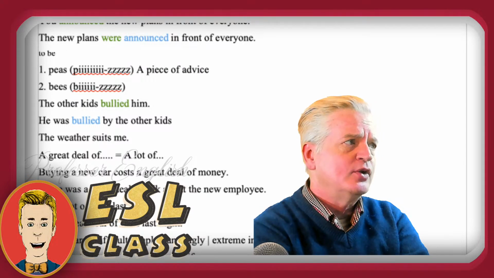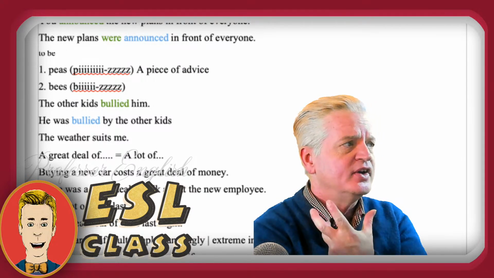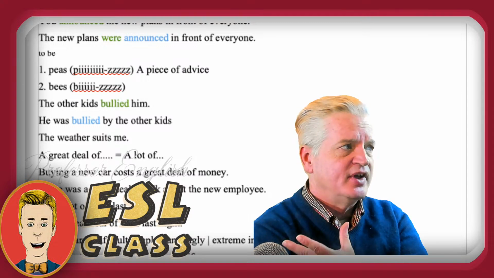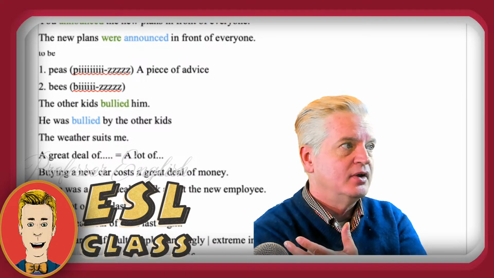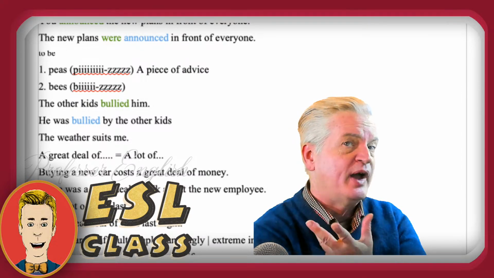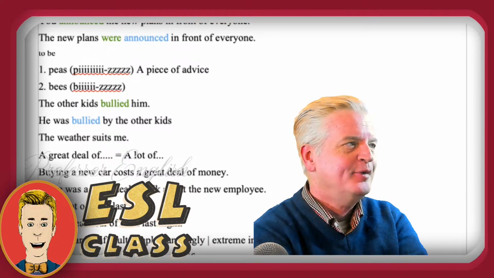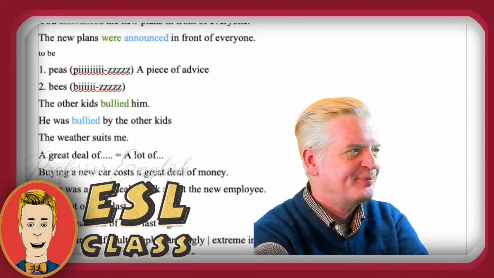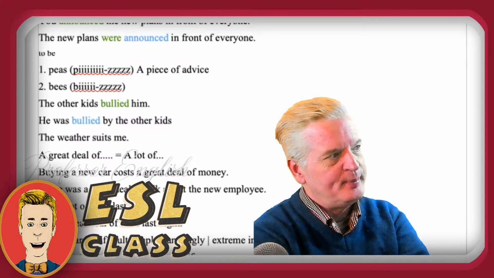He was having difficulty. It wasn't clear to me if he was saying number 1 or number 2. It sounded like he was saying peas, which is a vegetable or a bean, a legume. Peas, little green balls. But it sounded like he was saying bees.